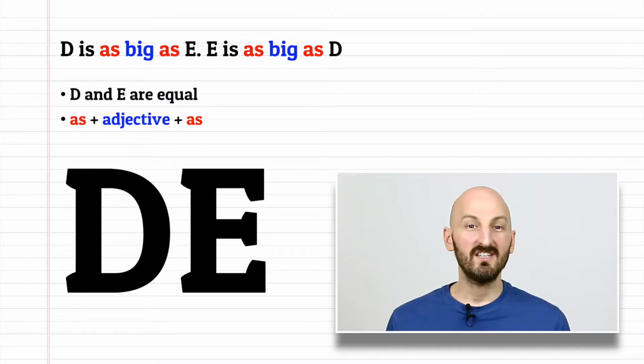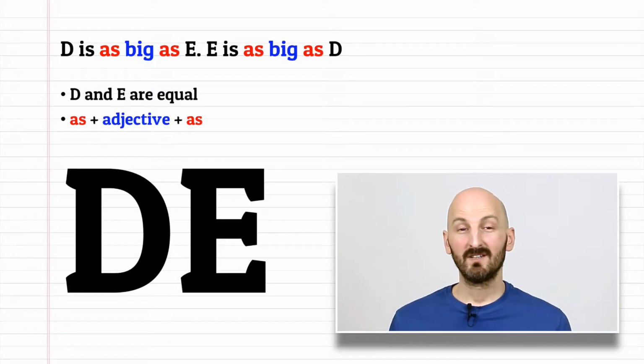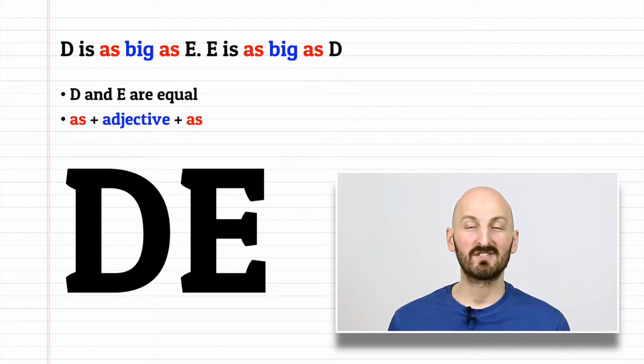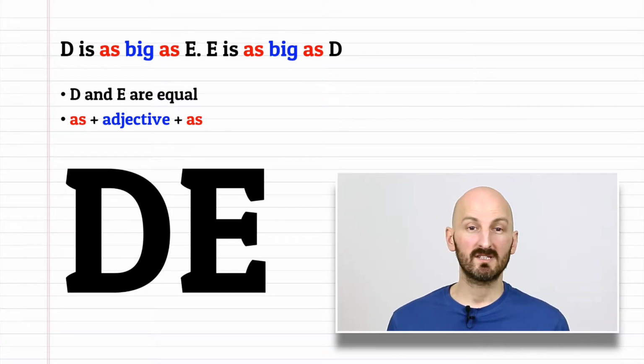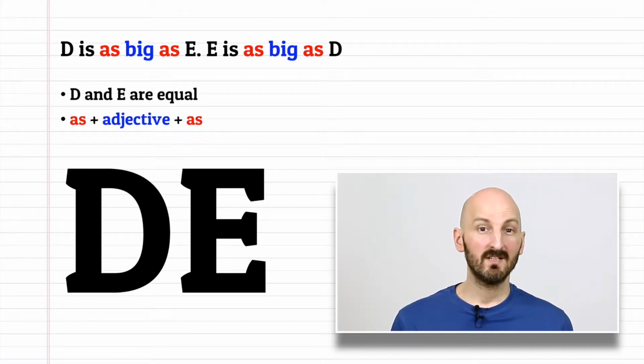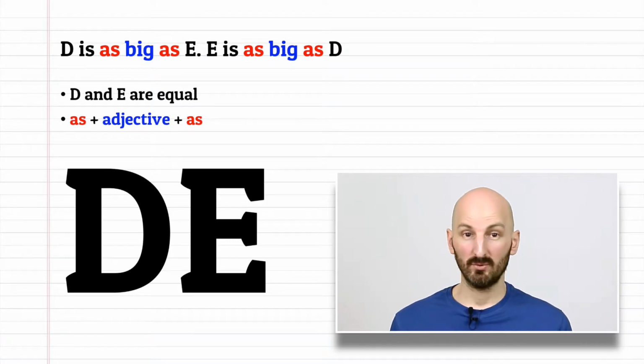Now what about equal comparisons? D is as big as E. This simple sentence shows the comparison between D and E. The adjective big stays the same to show the comparison. The form is as plus adjective plus as, and the adjective is in the normal form, so we have D is as big as E. The negative form is also important here.